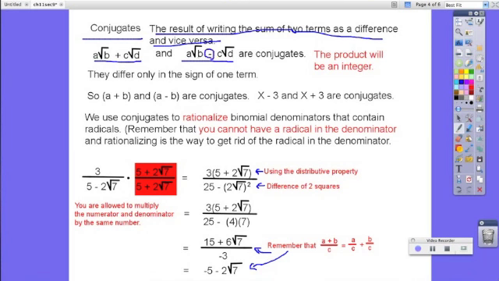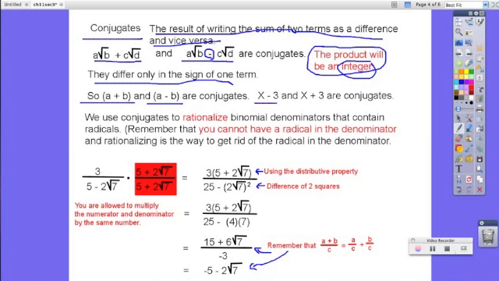And the product, interesting enough, will be an integer. It will allow us to get rid of the radicals. They differ only in the sign of one term. Minus, plus. Everything else is the same. So a plus b and a minus b are conjugates. x minus 3 and x plus 3 are conjugates.